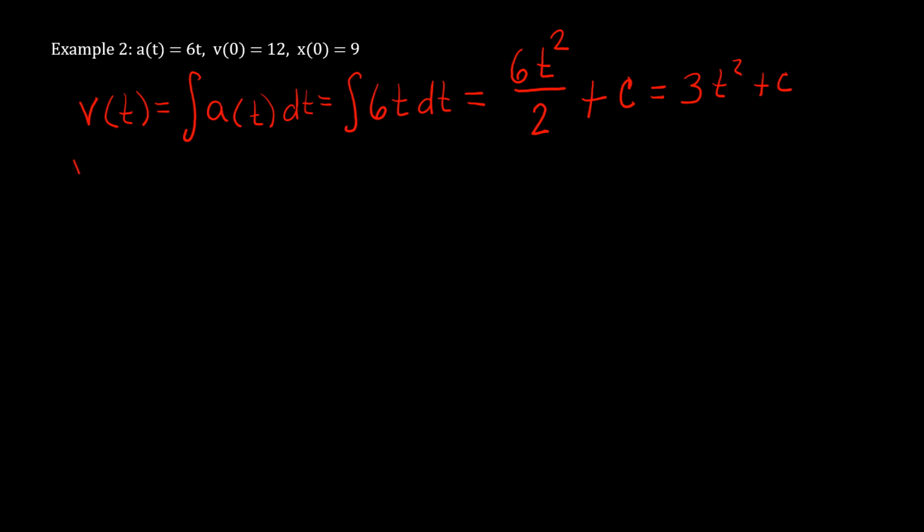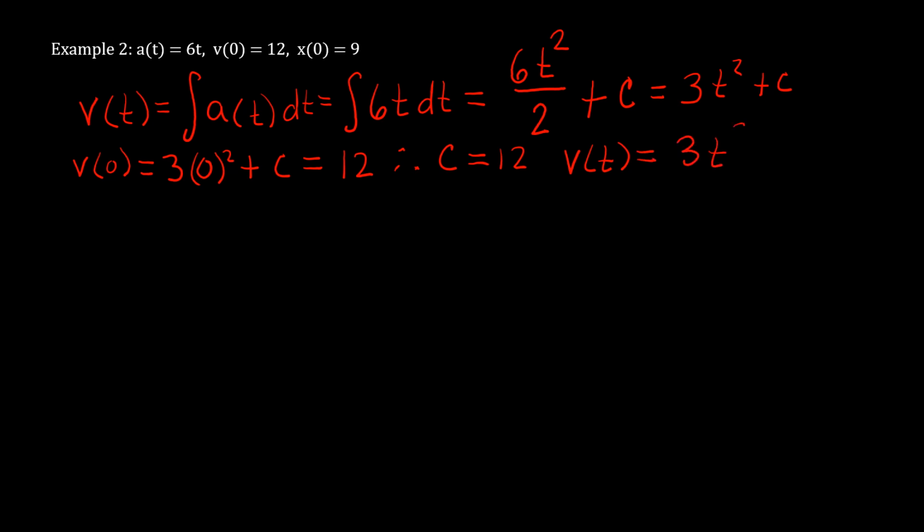And then we use the initial condition here to solve for the constant. So v of 0: we'll plug in 0 for all the t's, so 3 times 0 squared plus c equals 12. So then we get that c equals 12, and v of t equals 3t squared plus 12.